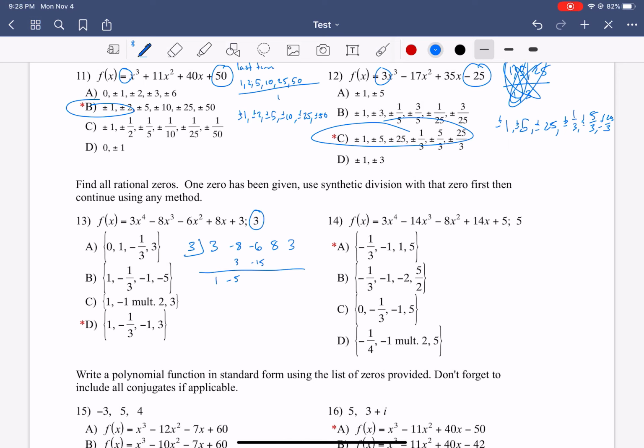That's how I got started, right? Ooh. I am blanking about how to do synthetic division. So this is a good example of where if you just forget on the test, that's when we go to graphing.